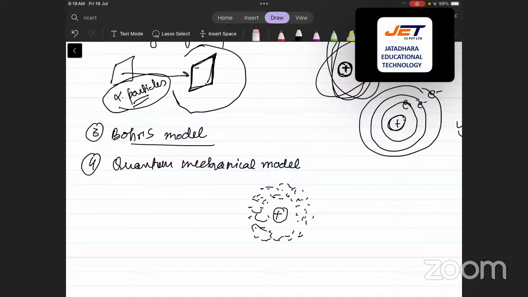So it's like a cloud, how you see a cloud, right? In this, we will not be talking about the exact position of the electron. We will be learning about the probability of finding the electron in a particular area. So these are the pictures of the atoms.